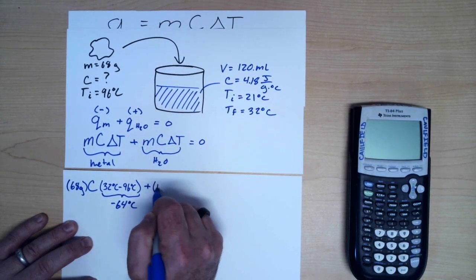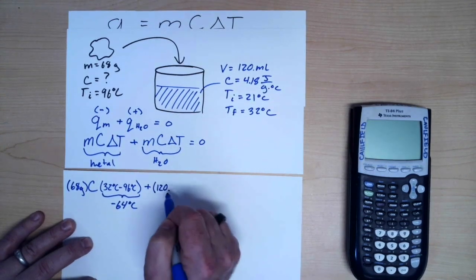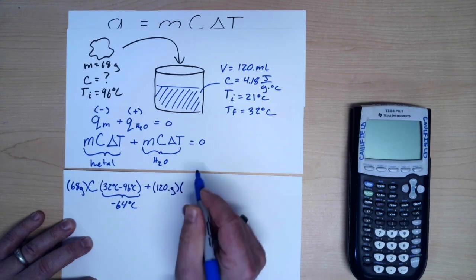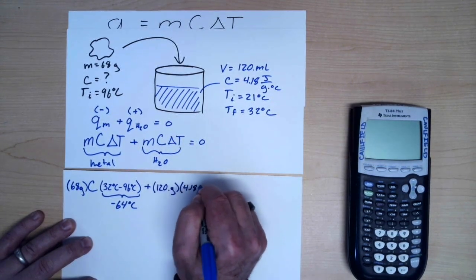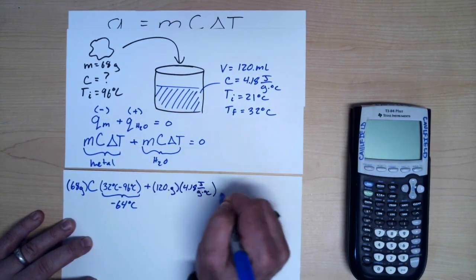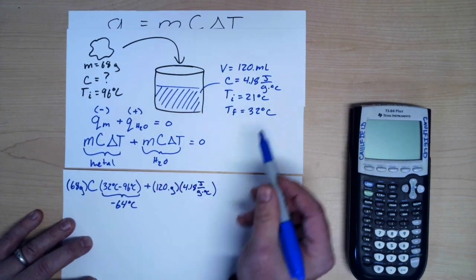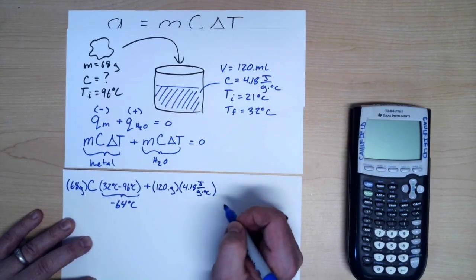So I'm going to say 120. I'll put a dot, showing a third sig fig that way. Grams of water, times the specific heat capacity of water, 4.18 joule per gram per degree C. And then I'm going to have my delta T of the water here. My final temperature is here, my initial temperature is there.